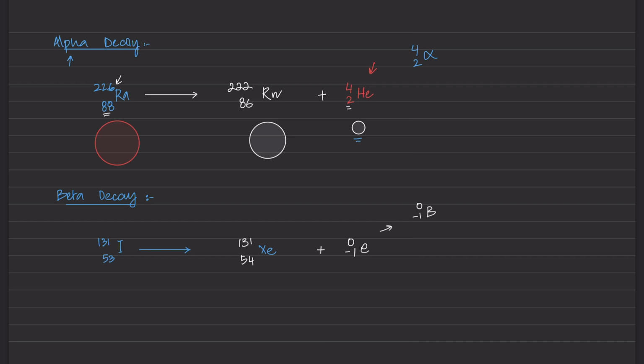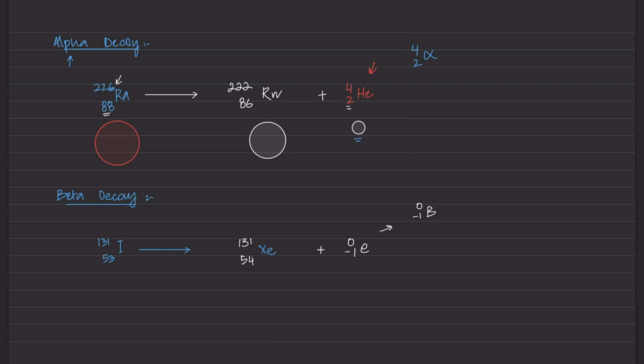Whenever beta decay happens, there's one thing that takes place inside the nucleus, which is that a neutron is going to change into a proton.